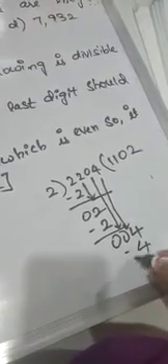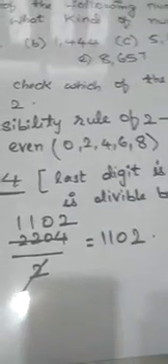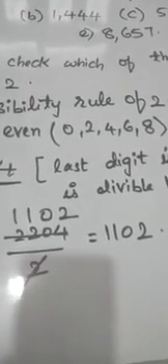Next number is 4. In the table of 2, 2 twos are 4, so 4 minus 4 is 0. So we got 1102. Now, is it divisible by 2 or not? Yes, it is divisible by 2.